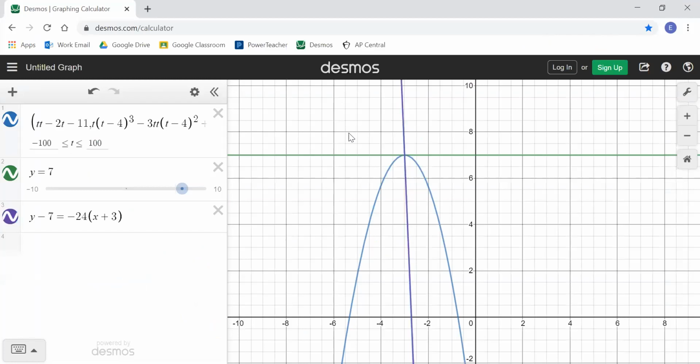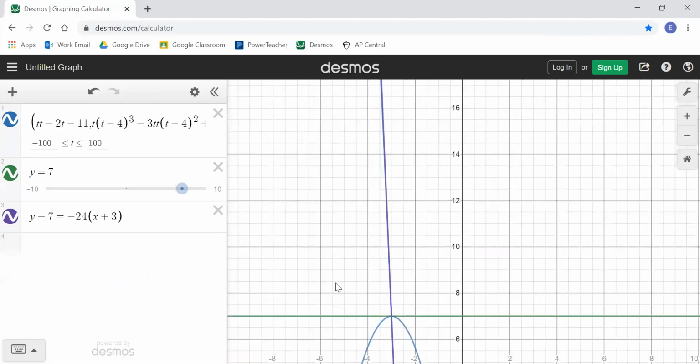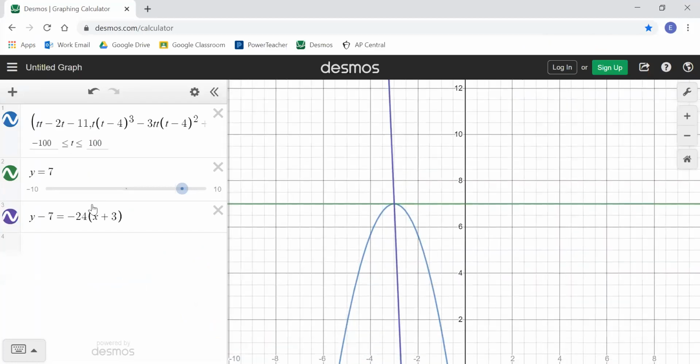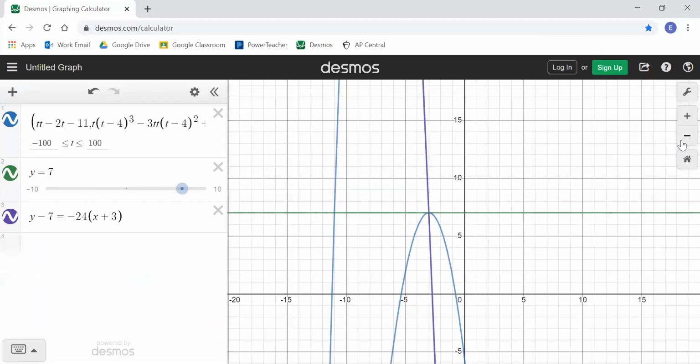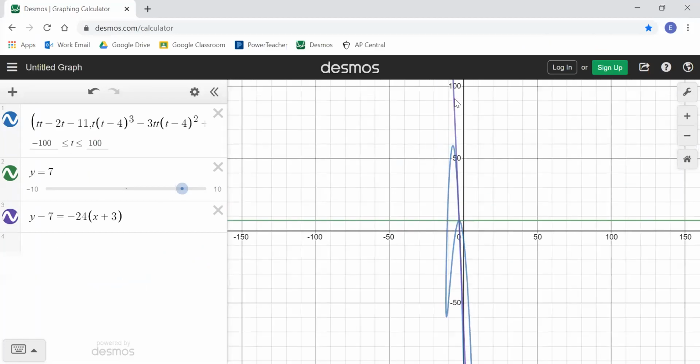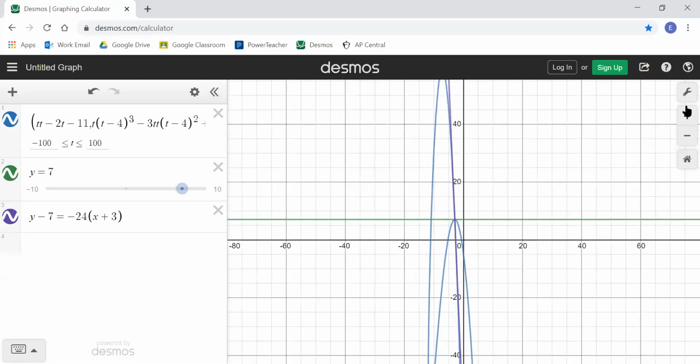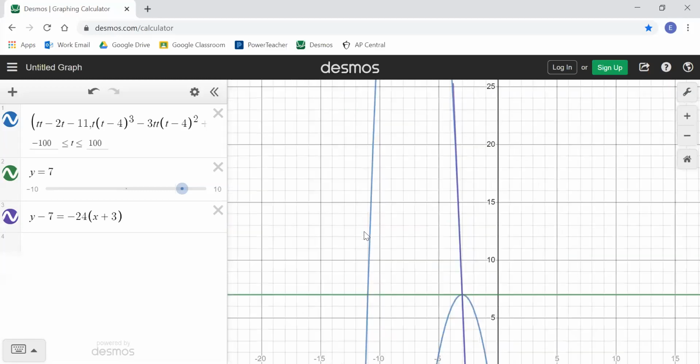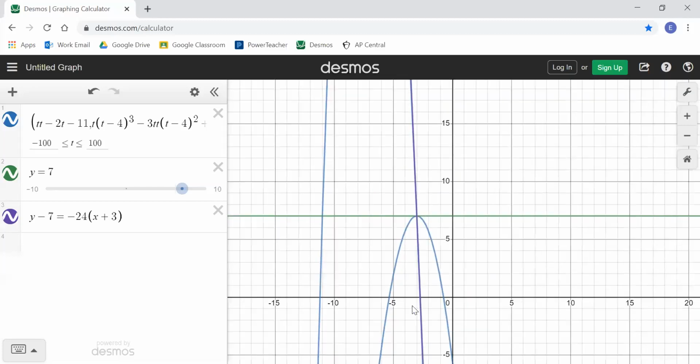It's a little harder to see that one just because that function is so steep right there, but you can see that that purple line is almost perfectly overlapping our function there. If we zoom out enough, we'll see that it does veer off from it, but it sure looks like it's tangent to that curve at the point negative 3, 7.